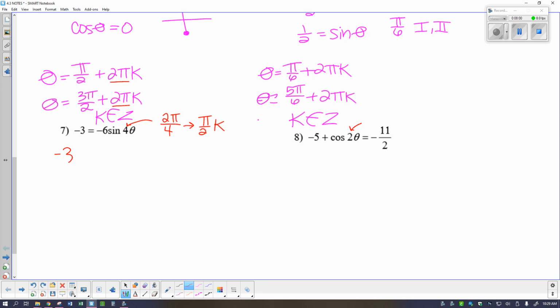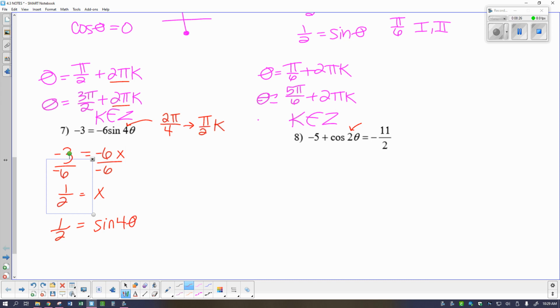So keep in mind, we're still going to do our solving. If you want to put x in here, you can. We'll worry about that for theta in a little bit. So when I do this, I got to divide by -6. I get 1/2 equals x, but that was really 1/2 equals the sine of 4 theta.